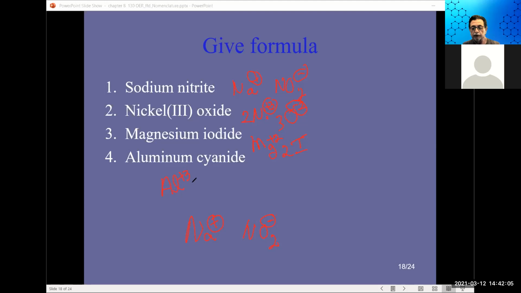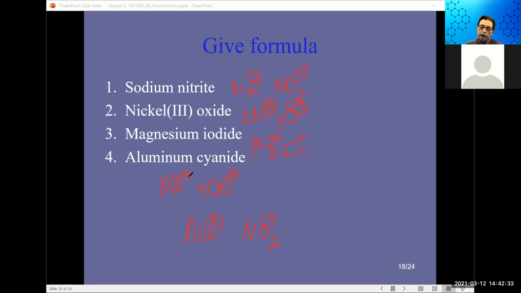We know that it's one of the constant oxidation number metals, and it's a +3. And cyanide, well, that should direct you to the polyatomic ion, the cyanide. You'll find CN- for that whole polyatomic ion. We need 3 of them to counter the +3 of aluminum.